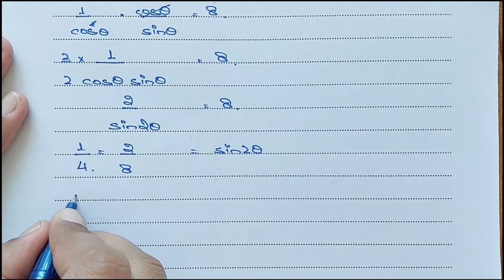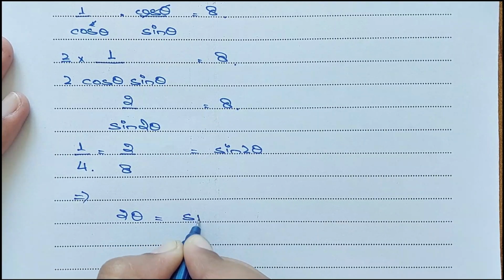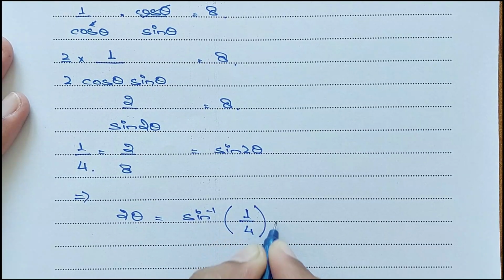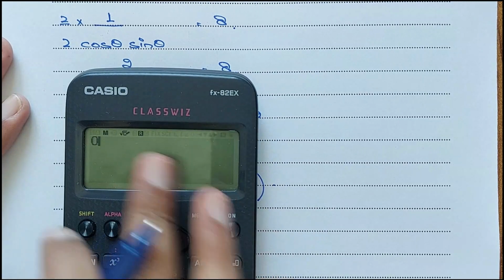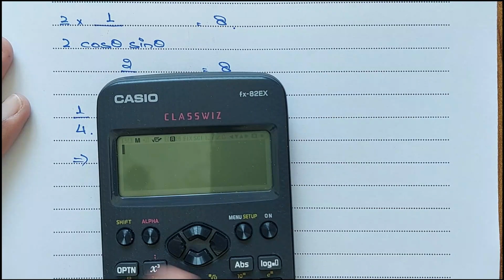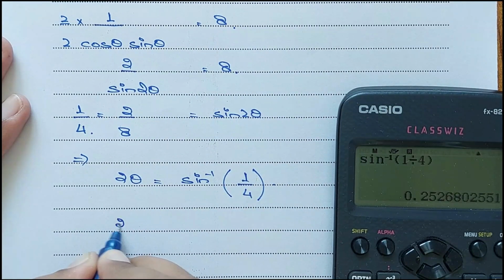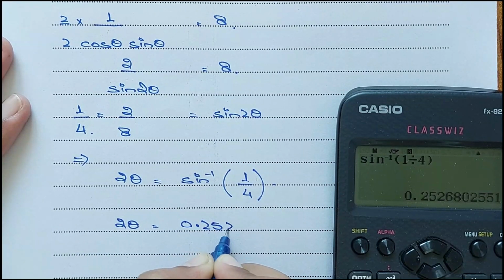Further simplification, we can say 2 theta is the inverse sine of 1 by 4. Now the domain is in radians and the calculator is in radians. So the inverse sine of 1 by 4 is 0.2526. 2 theta is 0.2527.